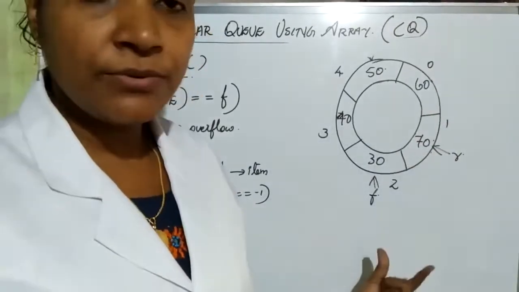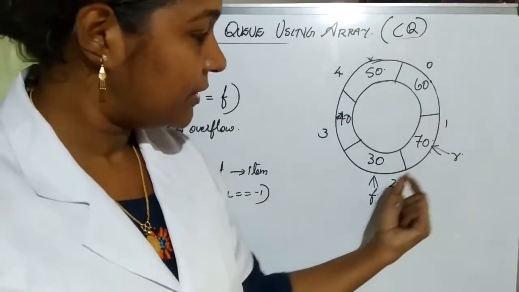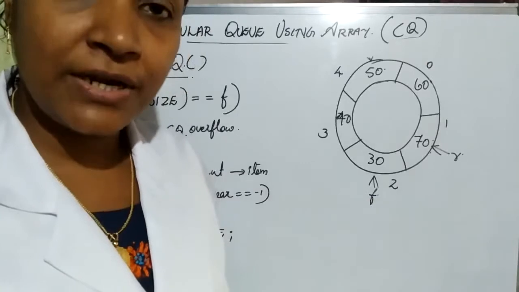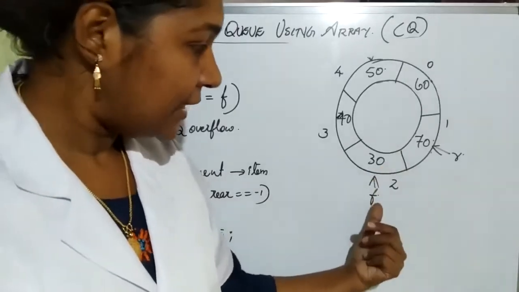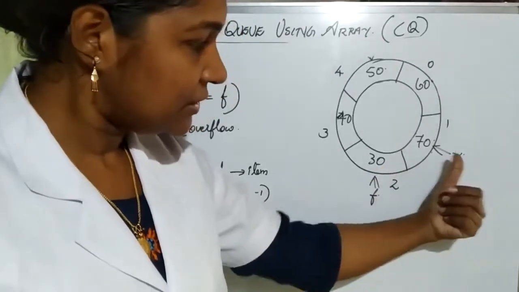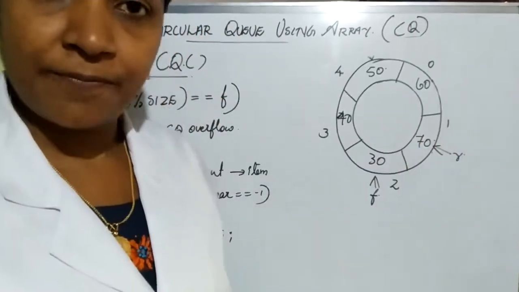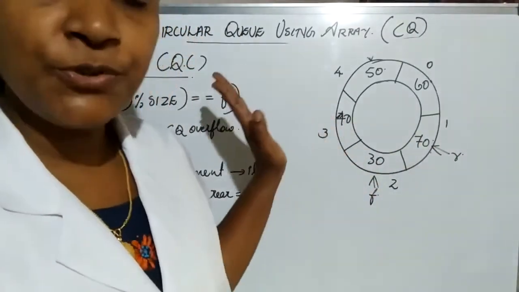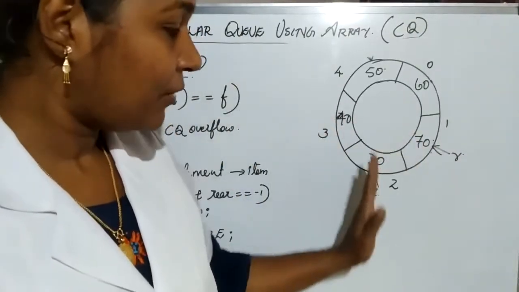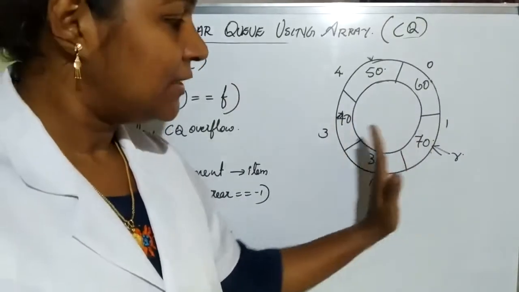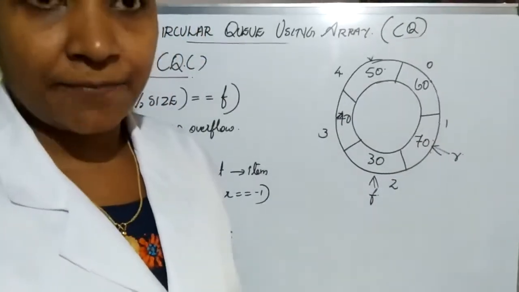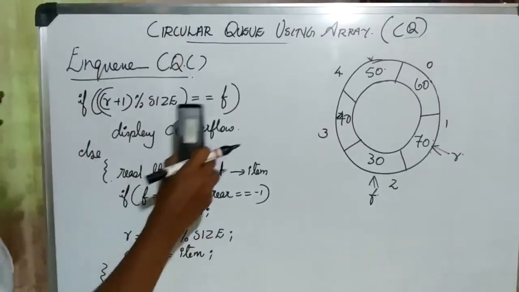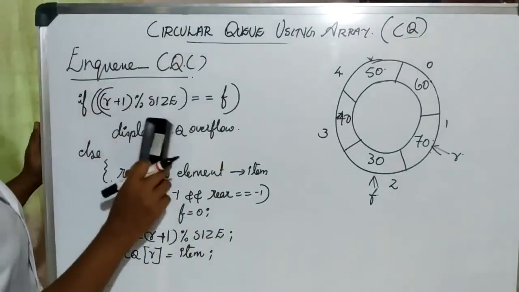So right now you check where is the position of rear and where is the position of front. Here also the front is pointing to a location which is next to rear. Okay. So whenever the queue is full, the front would be pointing to a location which is very next to the rear. And that is why we are taking the condition (rear + 1) mod size.